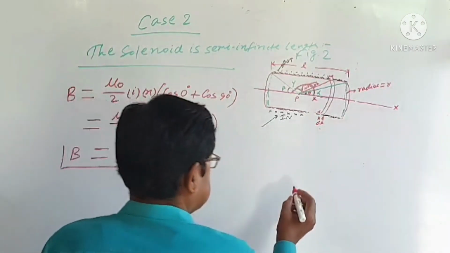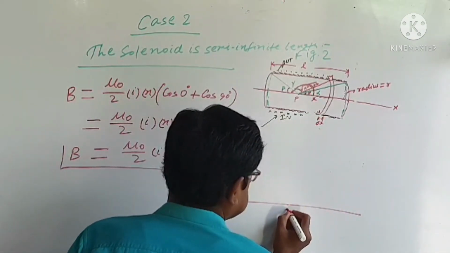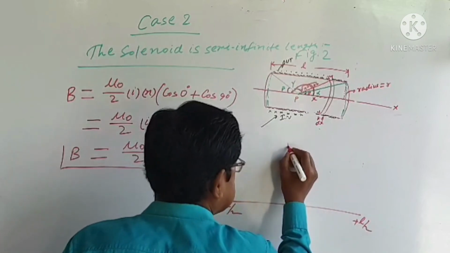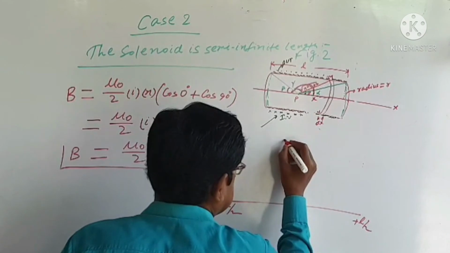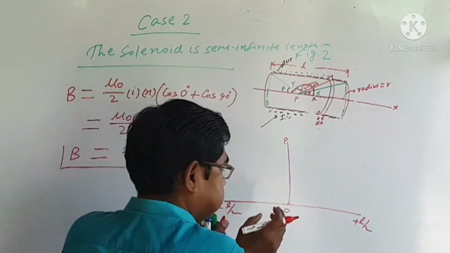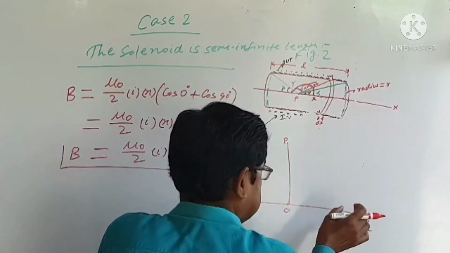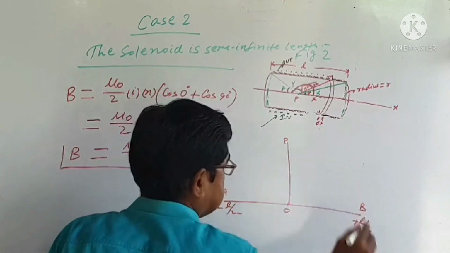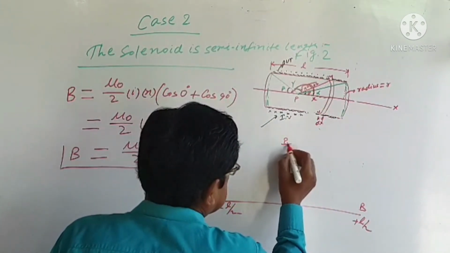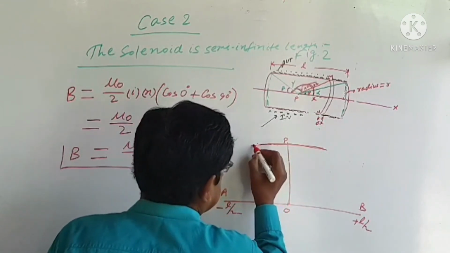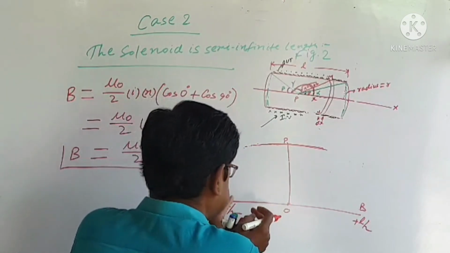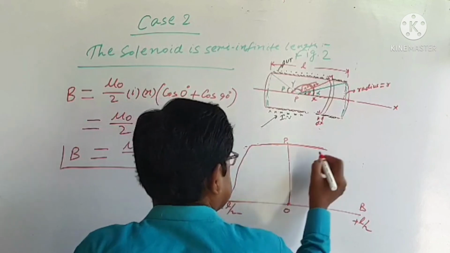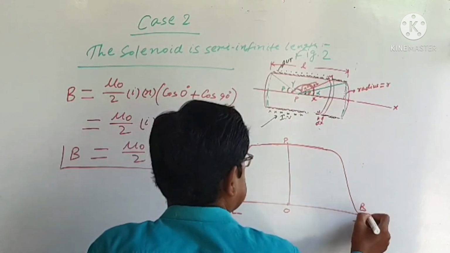This is the final result. If we plot a graph, this point O, minus L upon 2 and plus L upon 2, and this point P. When we take the magnetic field intensity not touching that very point, suppose the ends are A and B, then the magnetic field intensity is this, but when we tend to the end, the magnetic field intensity decreases and finally outside it is 0.